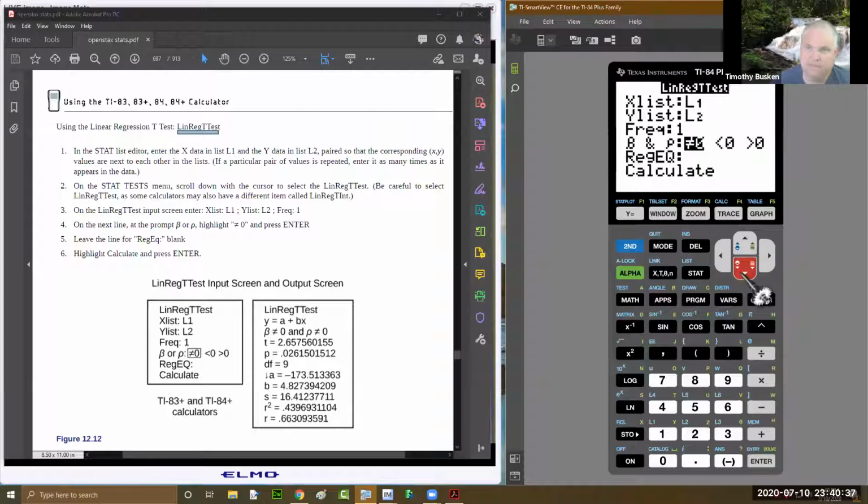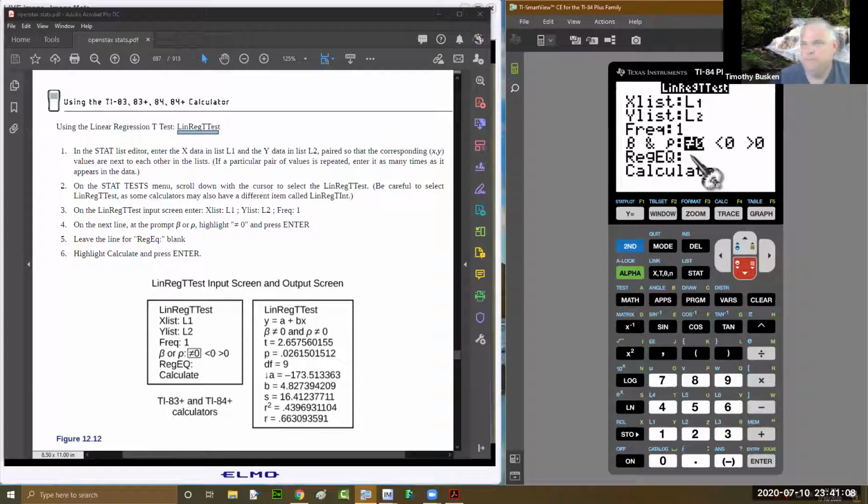Well, we've been given that in this example, but you can also find that with this LinRegTTest, and you can have the calculator store that regression equation as a particular function called y1. And then when we graph the scatter plot, it'll also graph the regression line or the model equation on our scatter plot.